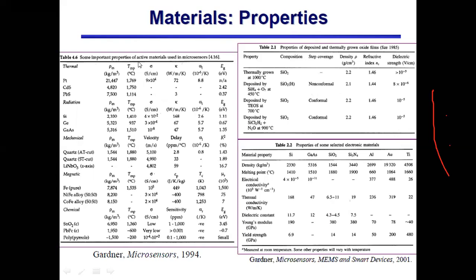Some important properties of active material used in microsensors. As you could see, we don't have too many options for the materials which could be used to fabricate MEMS. Very few materials are available to do that fabrication.